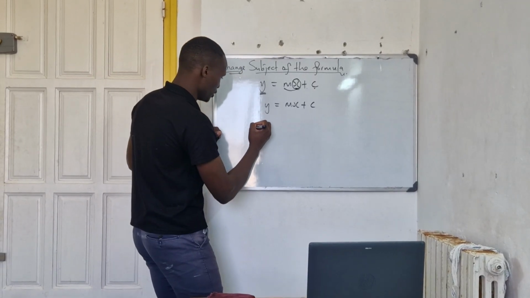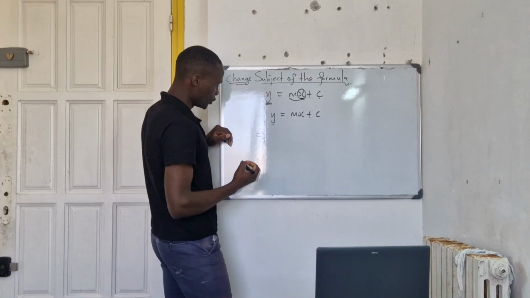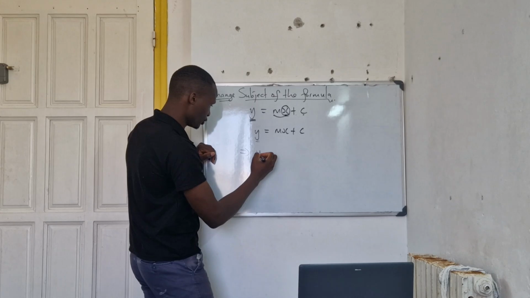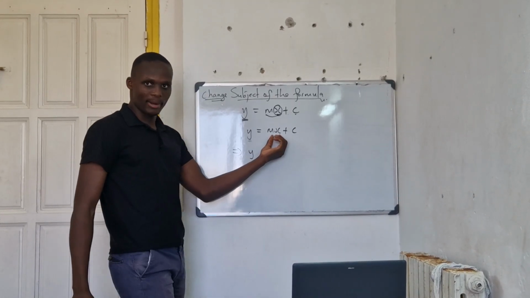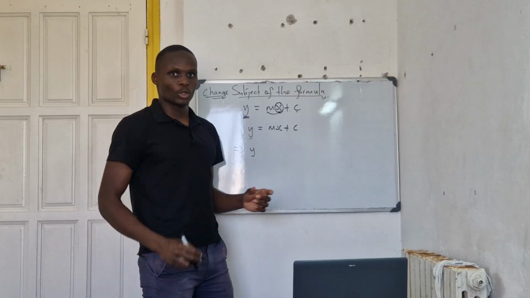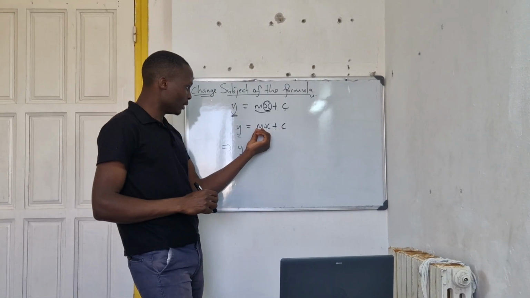firstly we have y on the left side, then on the right hand side we have mx plus c. So what is disturbing the variable x is m, right?